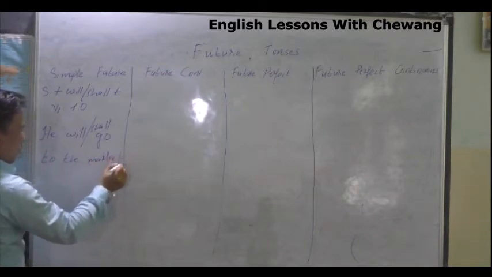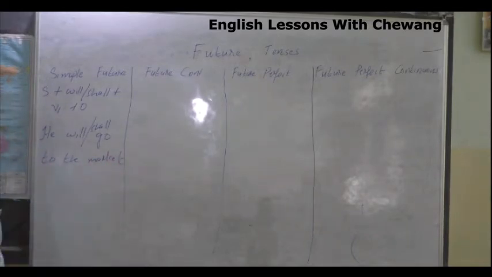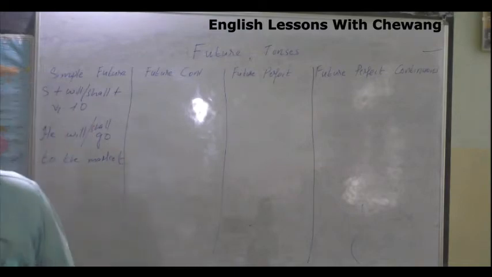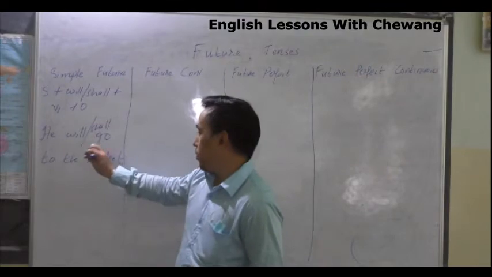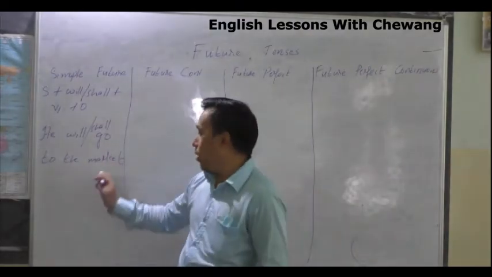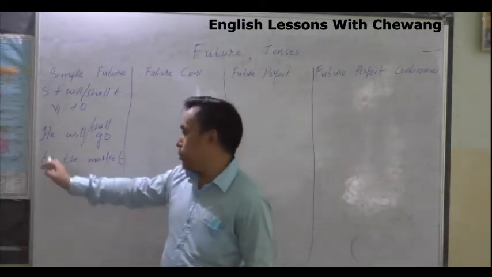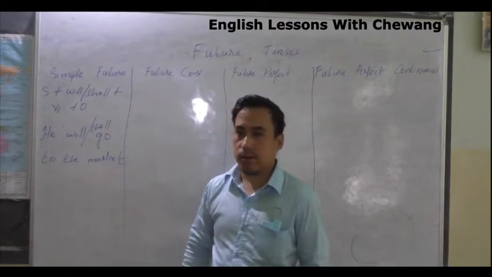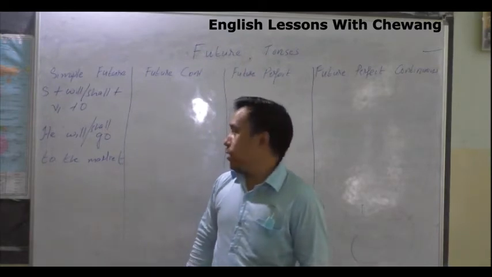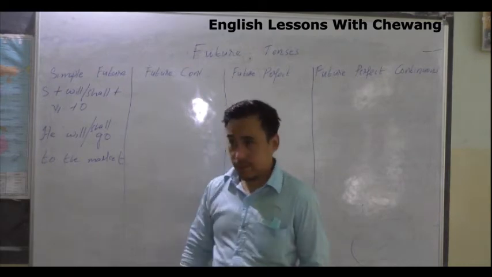He will go to the market. He shall go to the market. Remember, first form of the verb, go. Object, market. Subject, he. Clear? Okay. He will go to the market.